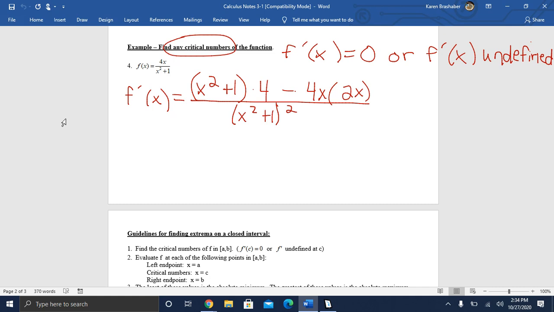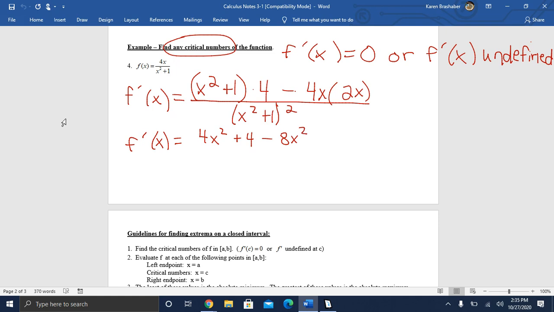All right, now, rarely will I have you do much of anything to the denominator, but the numerator, you really do need to simplify it as much as you can. So distributing the 4, you can have 4x squared plus 4 minus, and then 4x times 2x would give us 8x to the second.